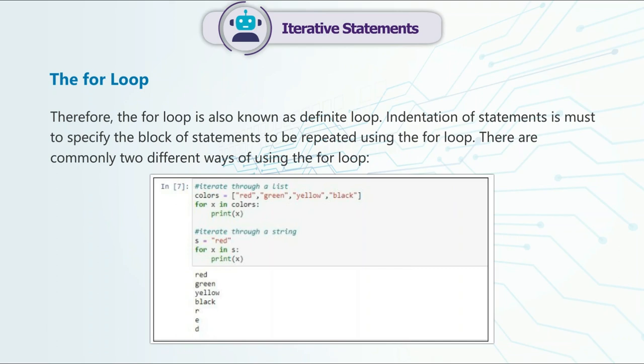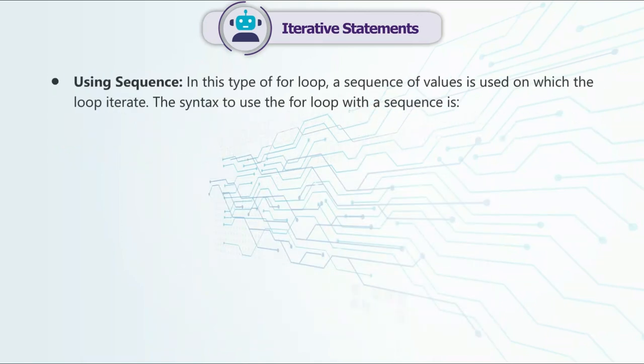Indentation of statements is a must to specify the block of statements to be repeated using the for loop. There are commonly two different ways of using the for loop. Using sequence. In this type of for loop, a sequence of values is used on which the loop iterates.